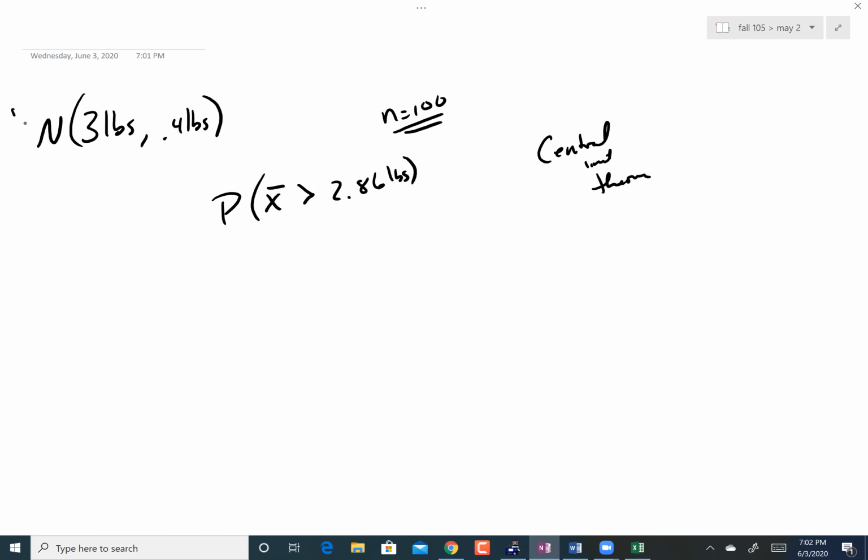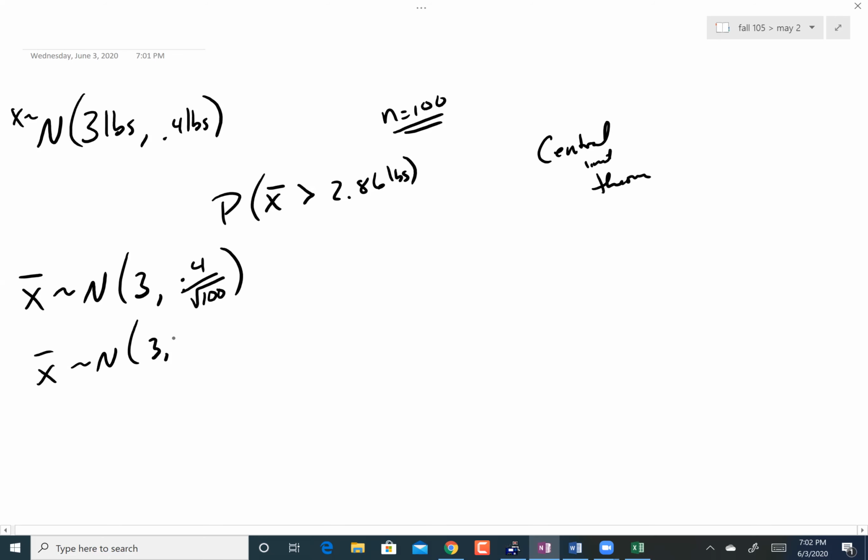So remember, X is distributed this way. X bar is distributed the same mean, but the standard deviation divided by the square root of the sample size, which if you're playing along at home, this is 10, so that's 0.04. Okay? In other words, in our mind, we're looking at this.